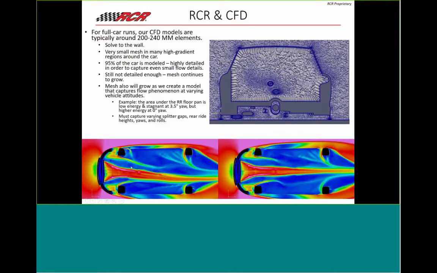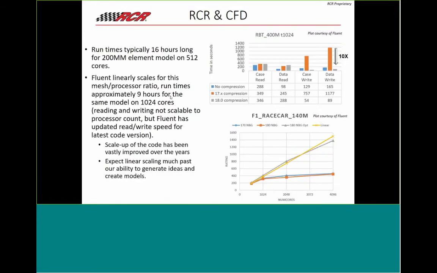And you can see this underbody jet has moved positions. If we wanted to capture the flow gradients in different areas of the model with the same mesh, we would have to refine this area for this case, and this would be one example of why the mesh will continue to grow.